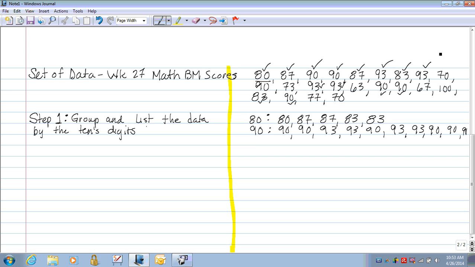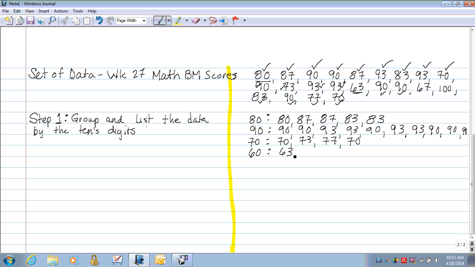My next tens value I see is a 70, so let's write our 70 down. And then we have a 73. And on the last we have 77 and 70. Let's see, what else do we have? What tens digits? Oh, I see 60s, so we are going to write in the 60s place value.